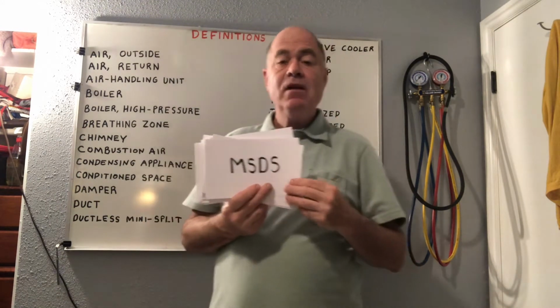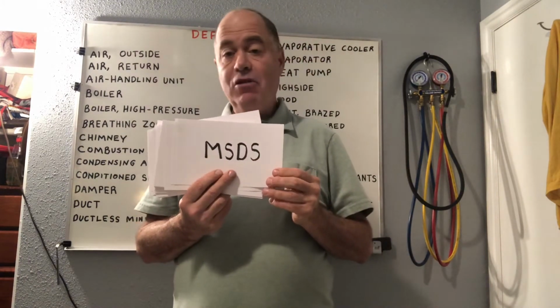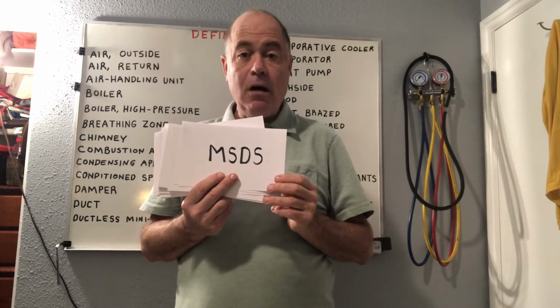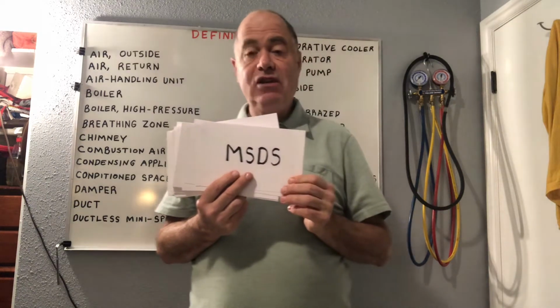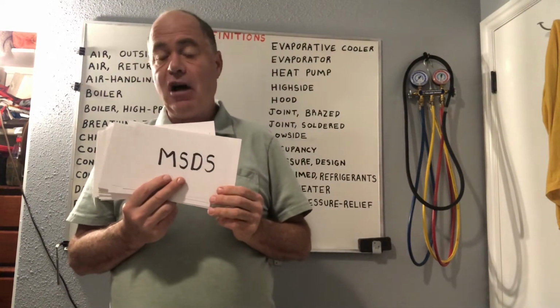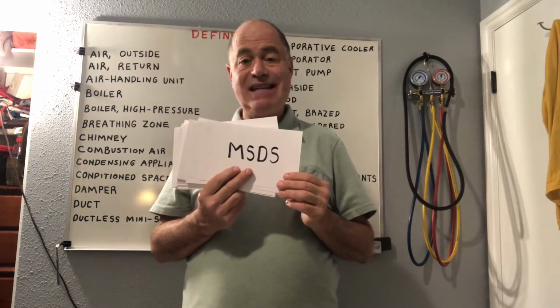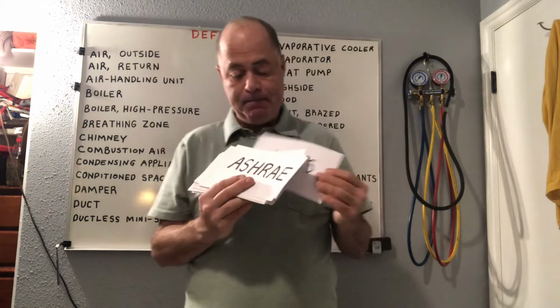This is a sheet that gives you the chemical makeup of different compounds and cleaning materials and chemicals and things you may use on the job, and your organization should have a copy of the MSDS showing its hazards and its proper uses.